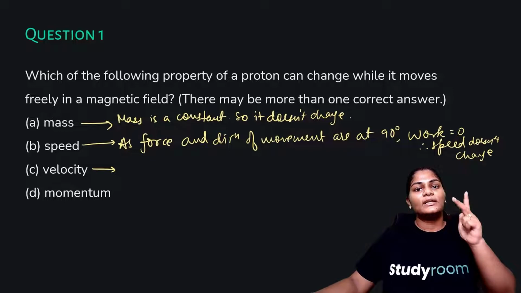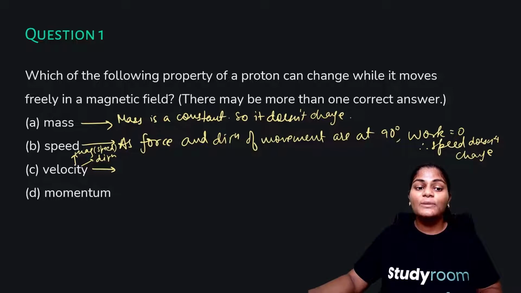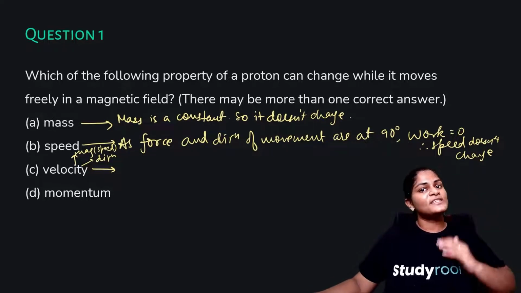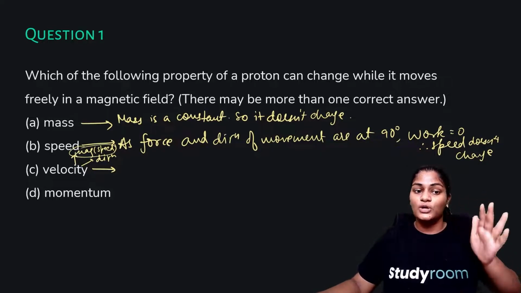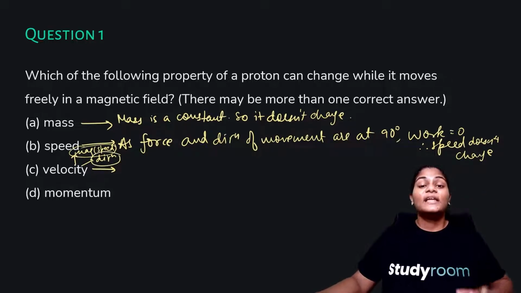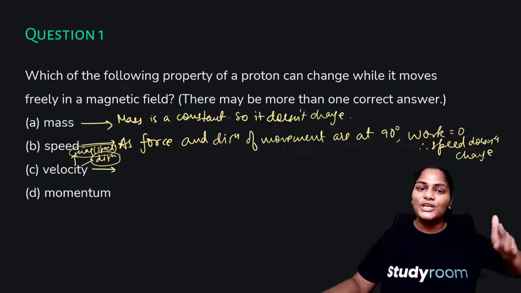Velocity is magnitude and direction. What is magnitude? Magnitude is basically speed. So the magnitude component of velocity is speed. So we have seen that the magnitude component is constant, speed is constant. Now direction. The force on the proton because of the magnetic field can change its direction.